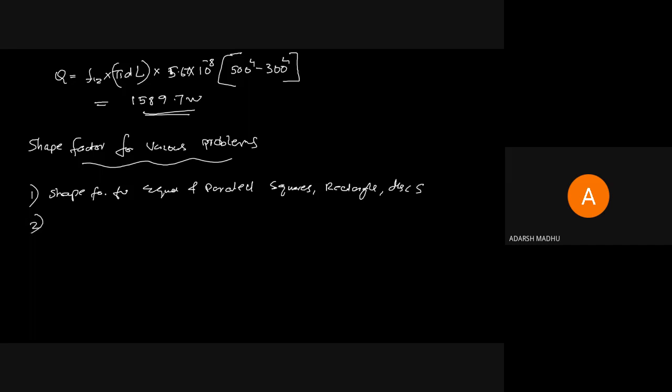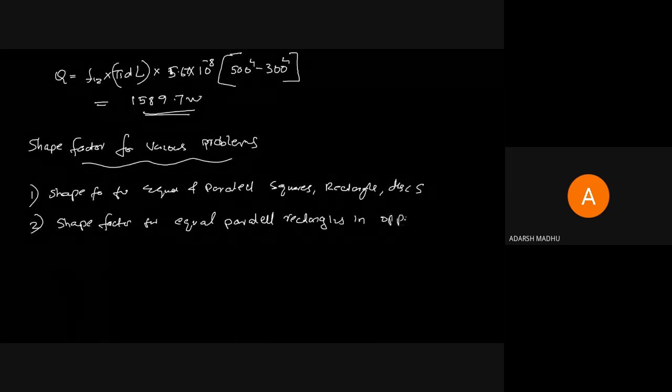The second condition is the shape factor for equal parallel rectangles in opposite direction. That is, the question is asked where two rectangle-type bodies are placed at a particular distance parallel to one another. The next one is perpendicular rectangles. The same as parallel, but perpendicular rectangles. The question is like that.